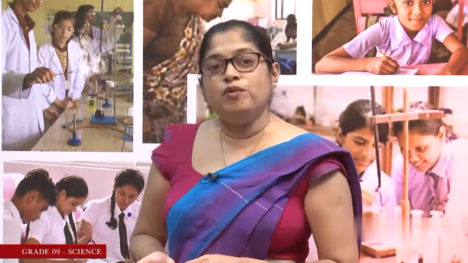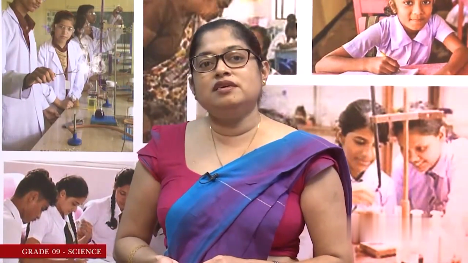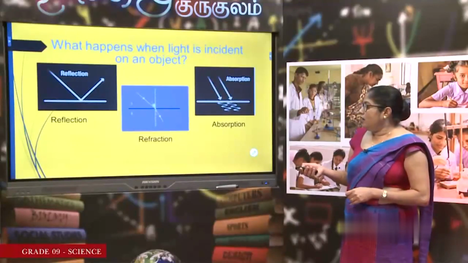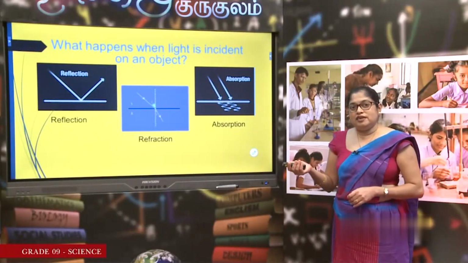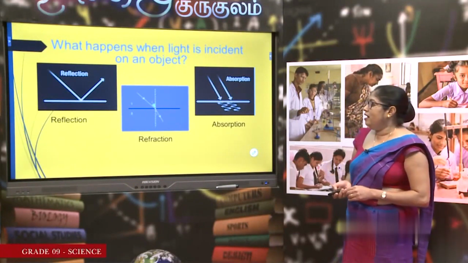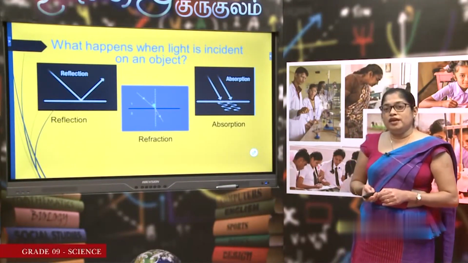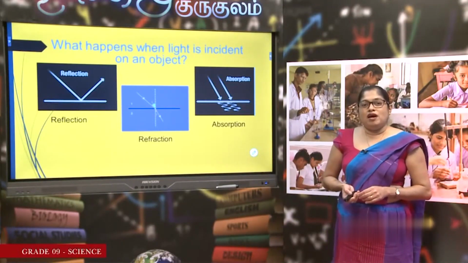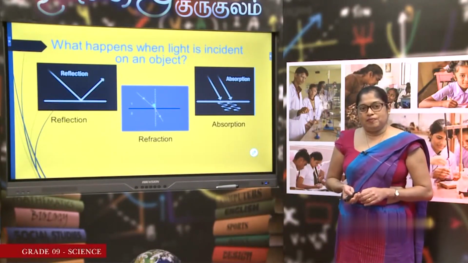So, can you give some examples for these things? A mirror surface reflects most of the light from it, and glass is a good example for a transparent object. So, it transmits light through it.